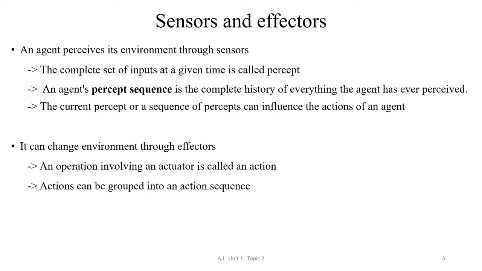It can change the environment through effectors. An operation involving an actuator is called an action, and actions can be grouped into an action sequence. Every agent has to perform these two jobs.